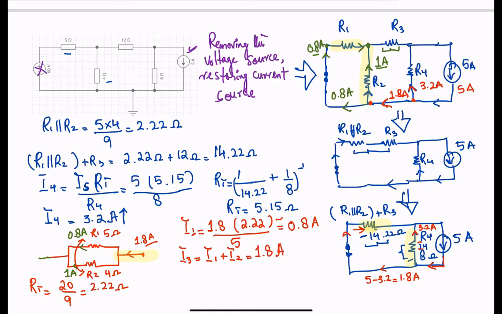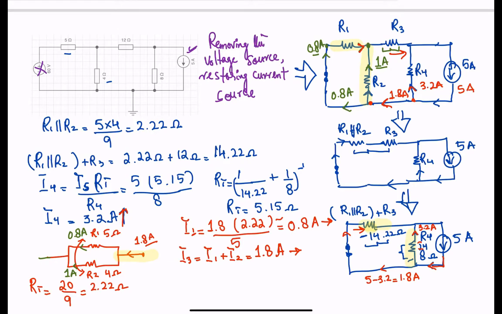And the direction is actually going this way. If you look at I1, the current is going to go this way, so I can have this direction over here. And similarly, I got the direction for I4 over here already.